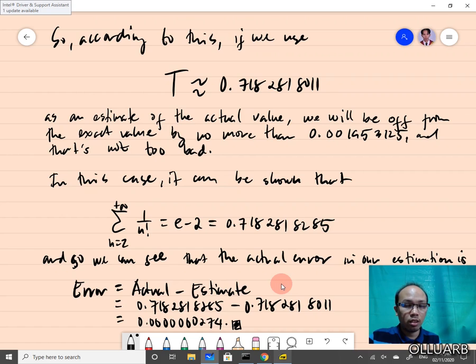So this test will be used to estimate an alternating series. Okay, but for any other series, just use the integral test if it fits the assumption, and also you can use the comparison test if it fits the assumption. Okay, so let's move to our third test.